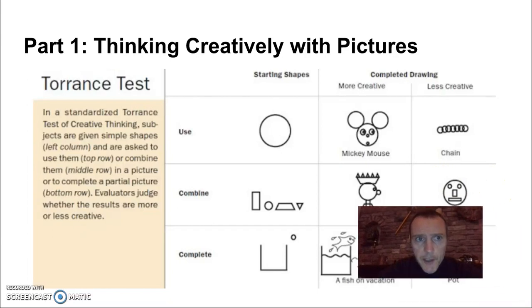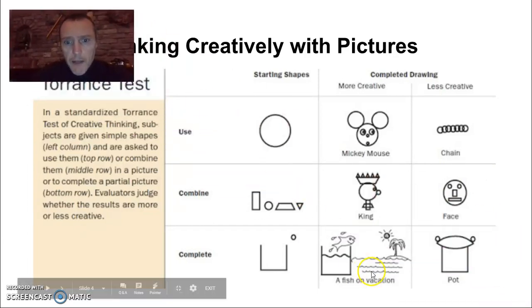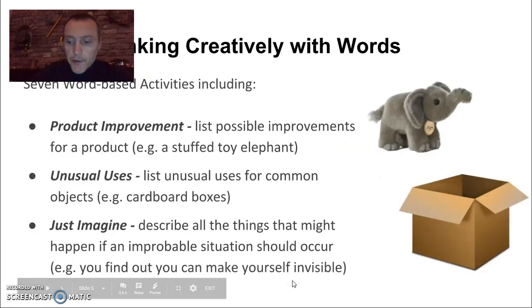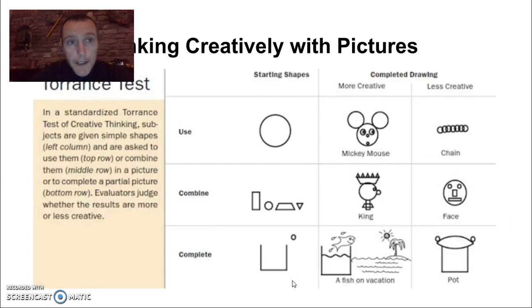Lastly, you have an unfinished drawing. Here you can see some 3 lines and a circle, and you have to complete the drawing in any way that you want. And again, you give your picture a title.